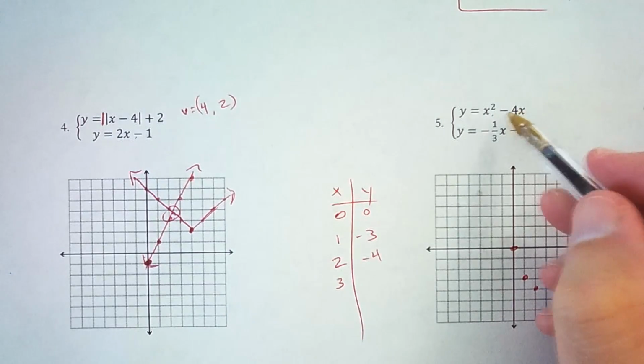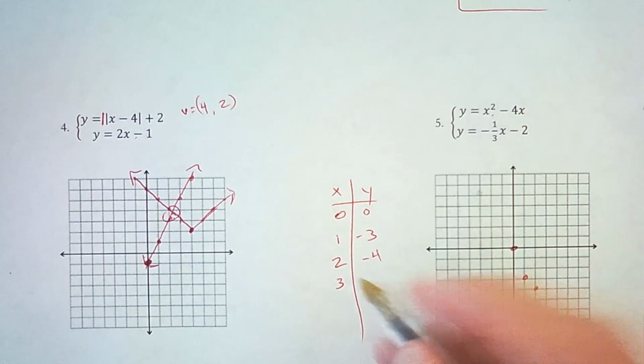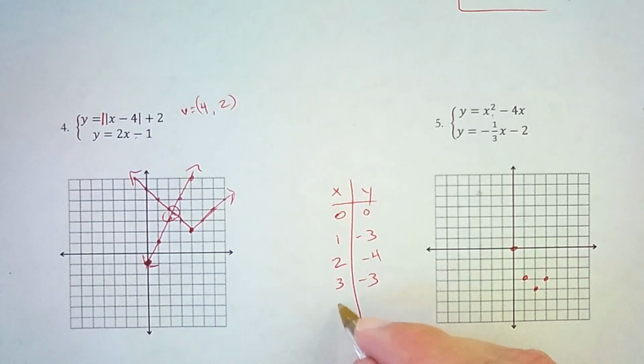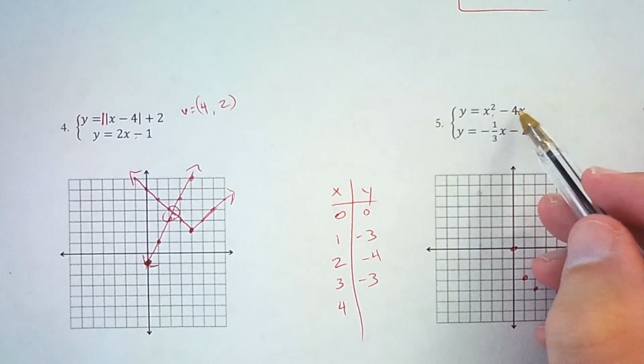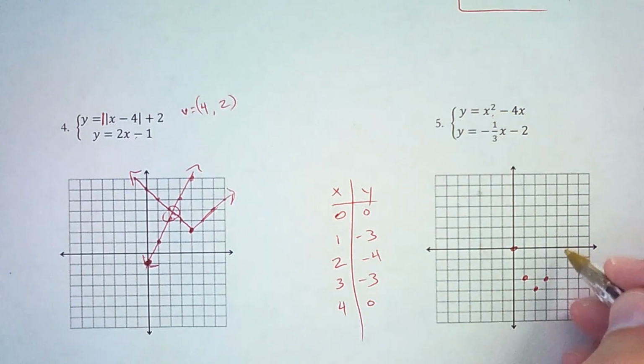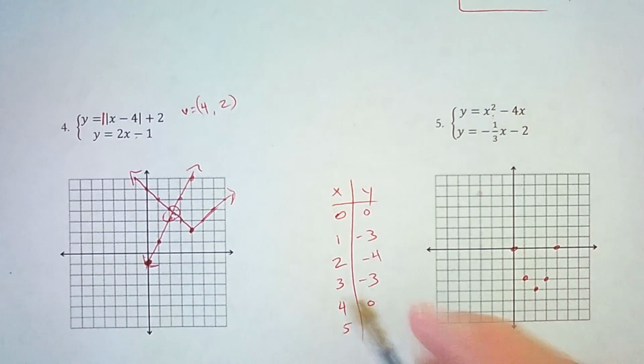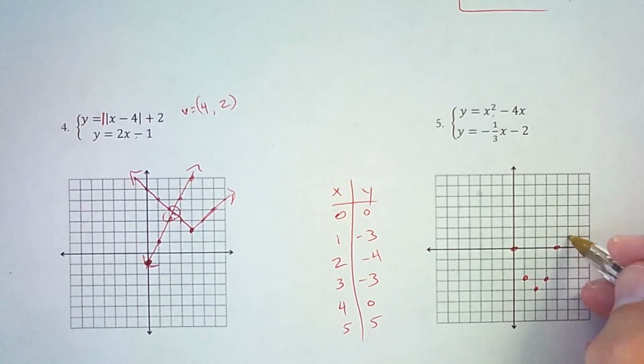If x is 3, that's 9 minus 12, negative 3. If x is 4, that's 16 minus 16, which is 0. If x is 5, that would be 25 minus 20, which is 5.